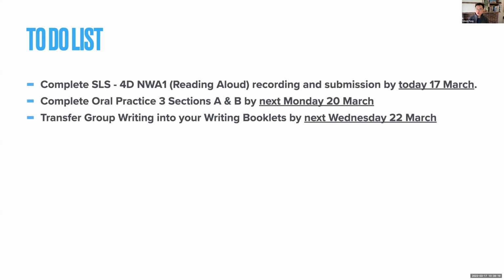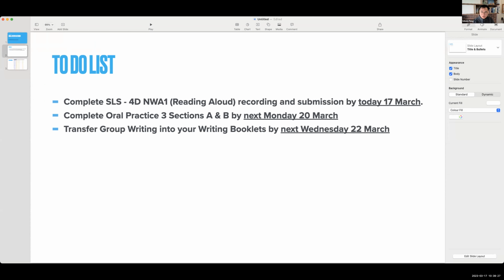Then I need you to complete your oral practice 3. We've done oral practice 2, we've completed it. So your homework is to do oral practice 3, sections A and B. Which ones are sections A and B?